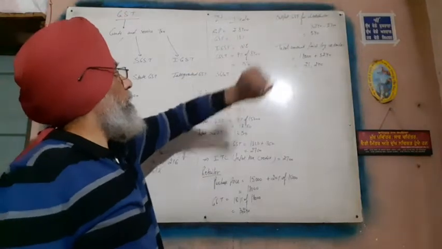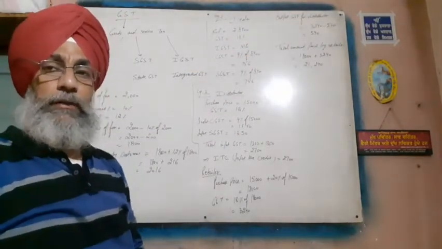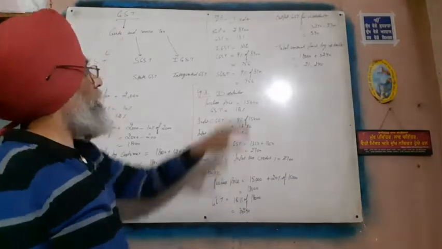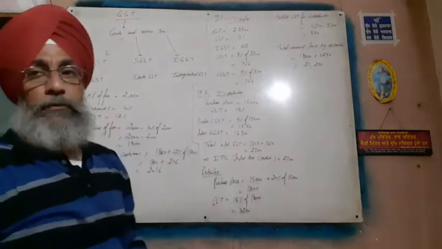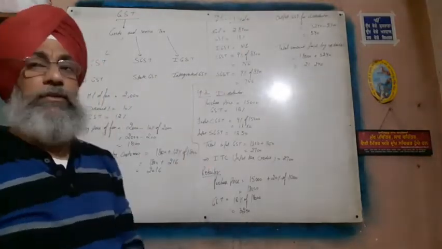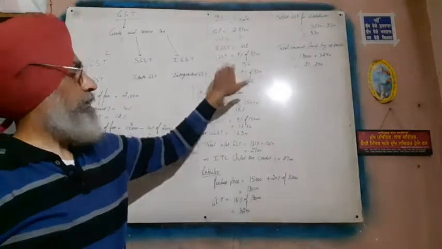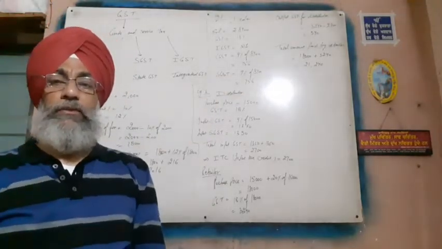GST is 18%. Here IGST is nil because he has sold the same item in the same state, not in another state. So CGST and SGST apply. Now here GST is 18%. CGST and SGST means the tax given to the center and state becomes half of the total GST.